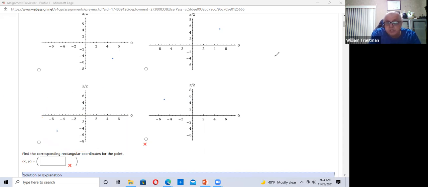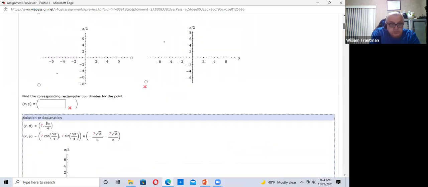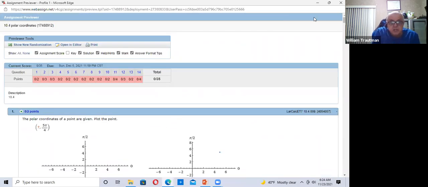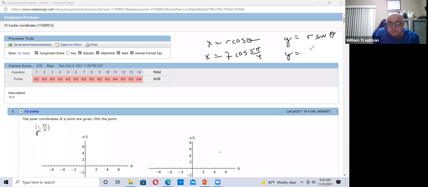Now we do want to change it to rectangular coordinates. Our rectangular coordinates for this are x equals r cosine theta and y equals r sine theta. r is 7, and x is 7 times cosine of 5 pi over 4, y equals 7 times sine of 5 pi over 4.